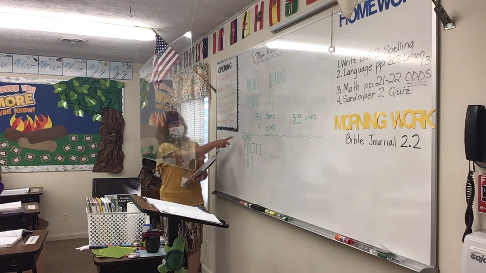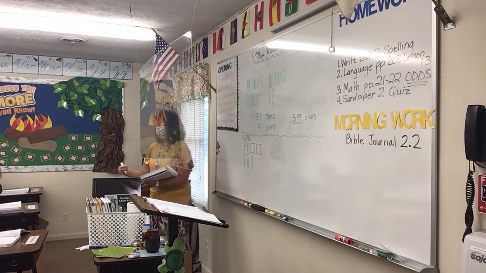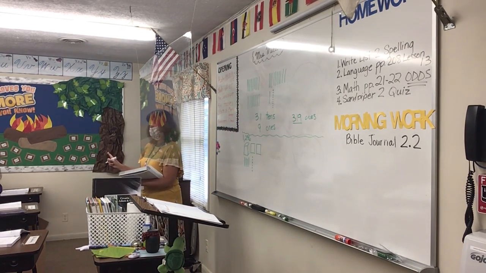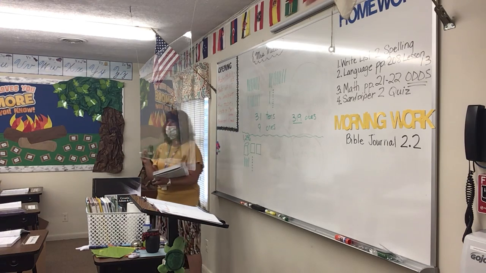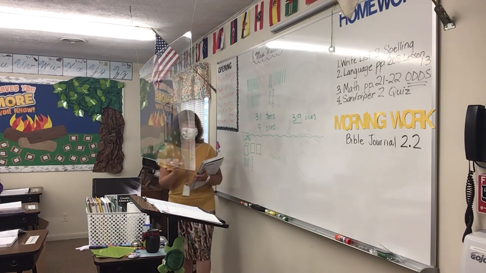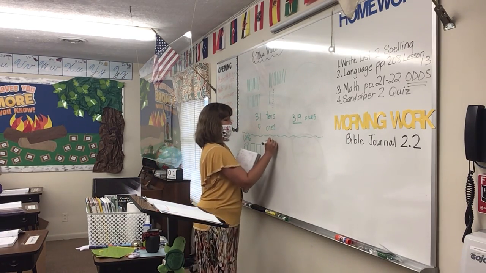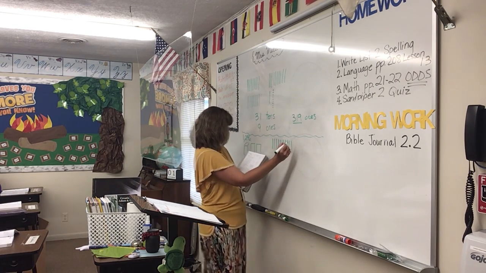Alright, we're going to take this same number, 1,246, and we're going to rename it, but we're not going to use thousands. We're only going to use hundreds, tens, and ones. So how many hundreds would I need to draw to help me represent it? Good job, Jed. 12. 1, 2, 3, 4, 5, 6, 7, 8, 9, 10.